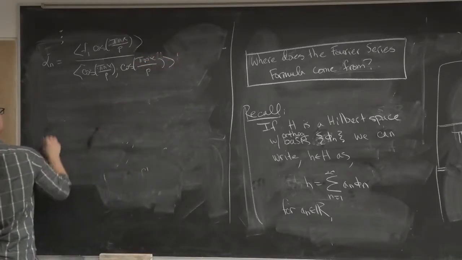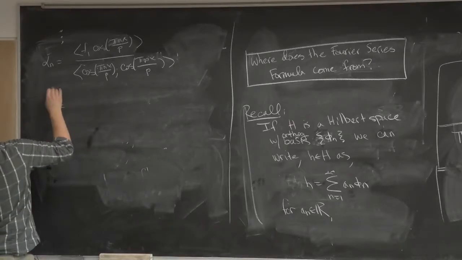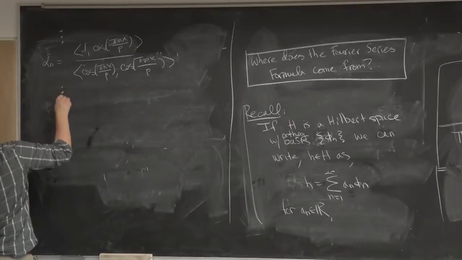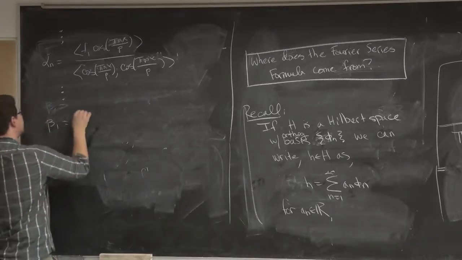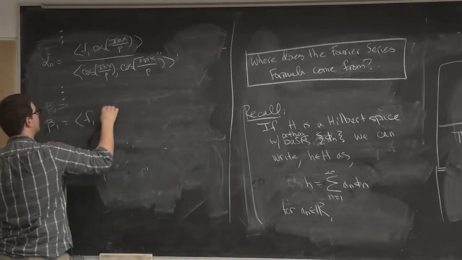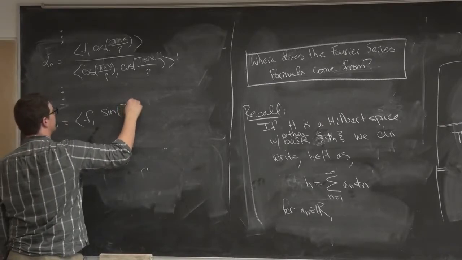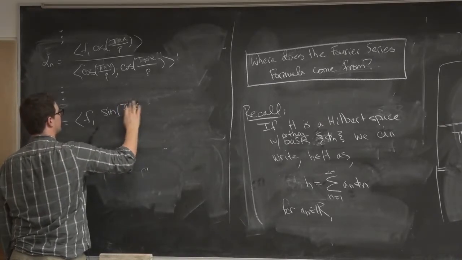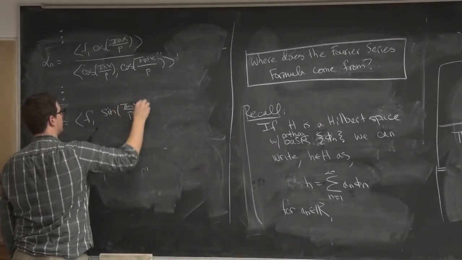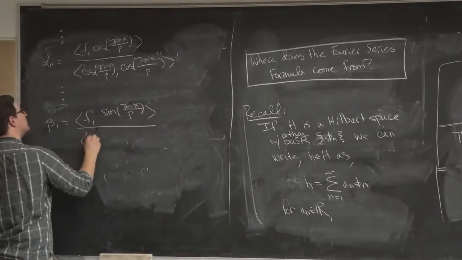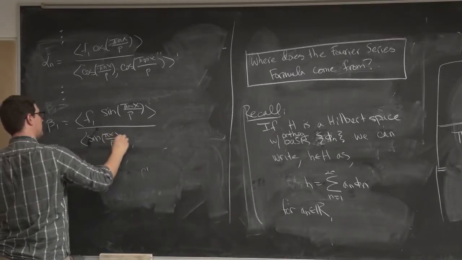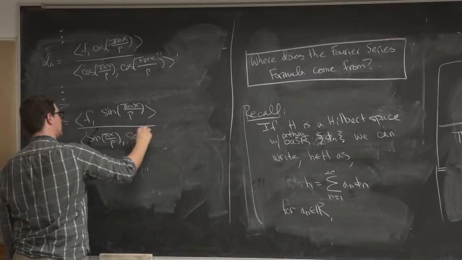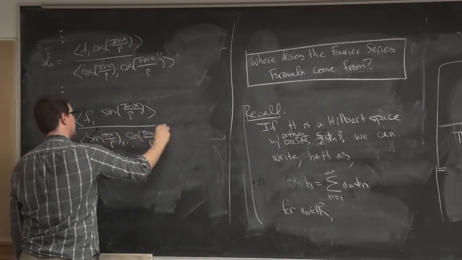Okay, and then beta 1, I guess this could continue. Beta 1. You guys don't need to copy this all down if you want to be fast. Sorry, pi x over p, like this. Sine.